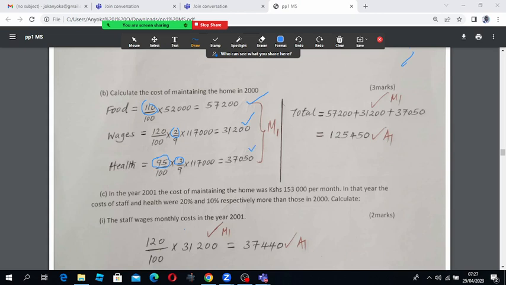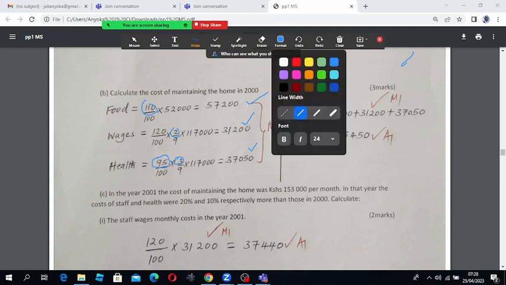Then 37,050. So the total cost will be the total of these values, which gives us 125,450.